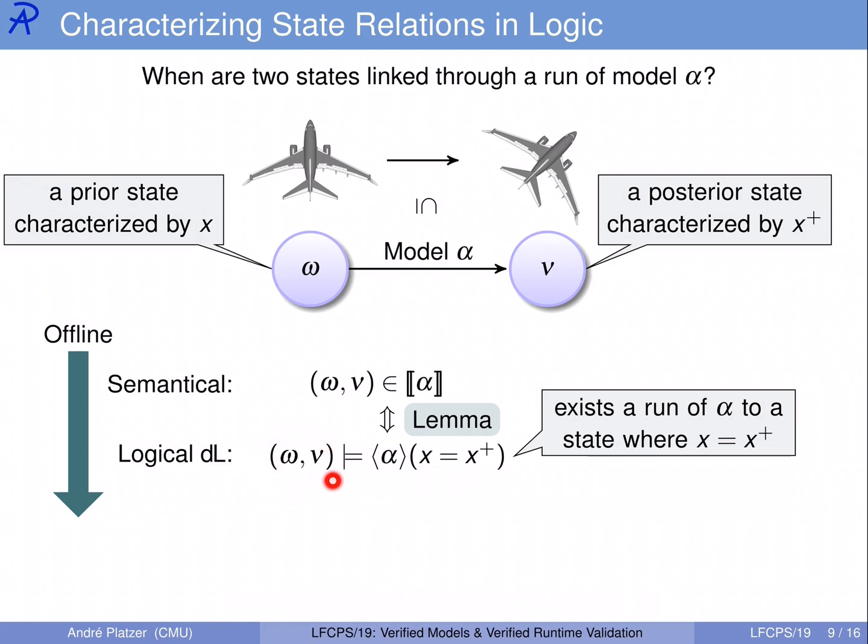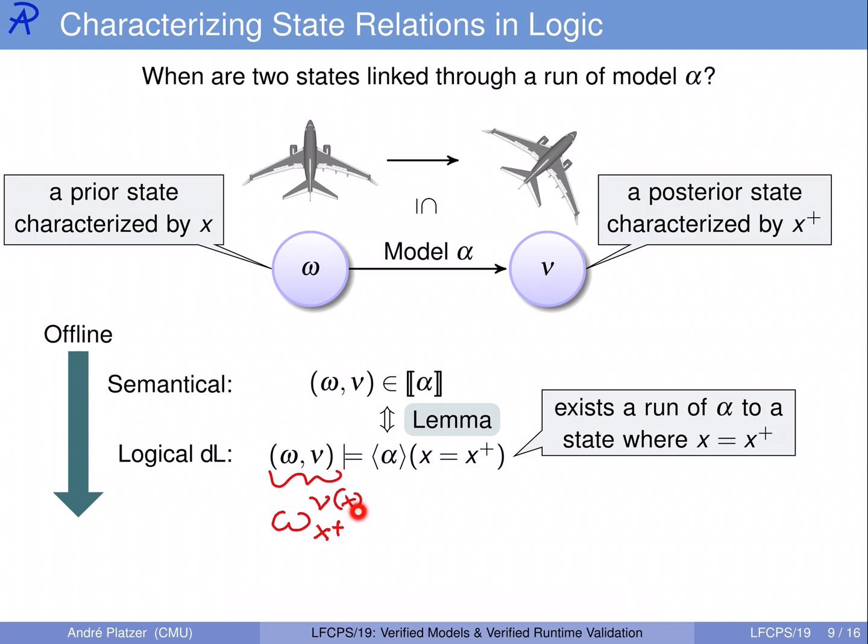And this is a bit of a funky thing that I'm doing here. I'm passing in two states into a satisfaction question for a logical formula, but what I mean by this notation merely is the same as the old state omega, except that the values of the x plus variable, which didn't occur previously, are modified to the values that the variables x have in the new state nu.